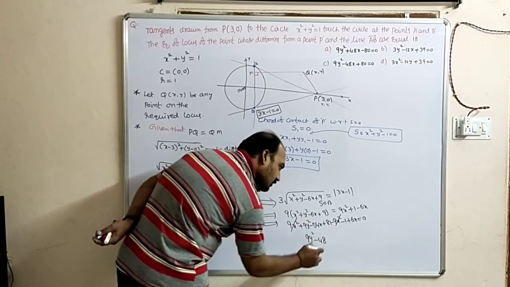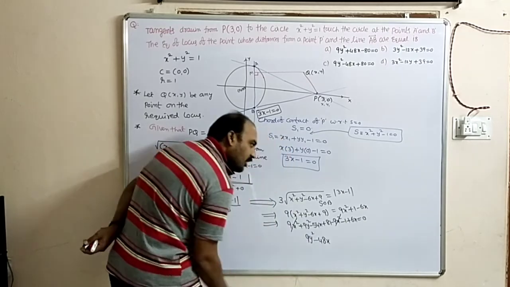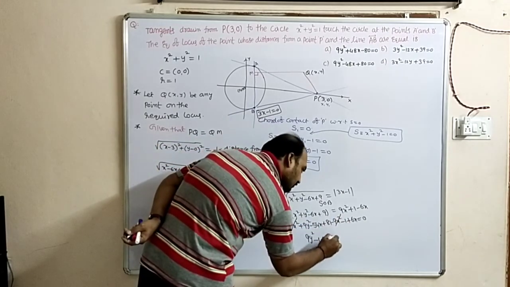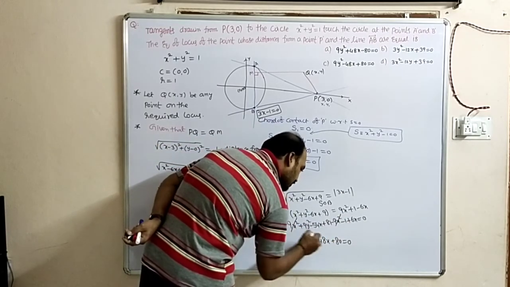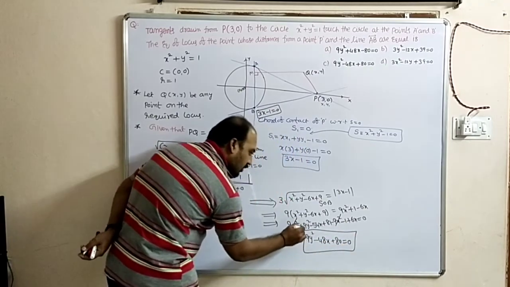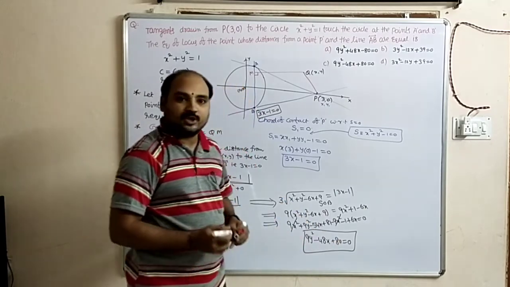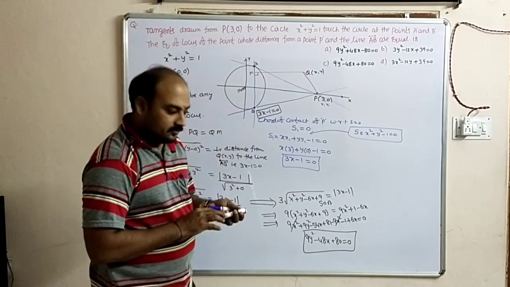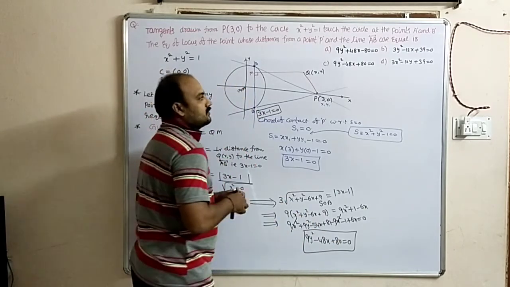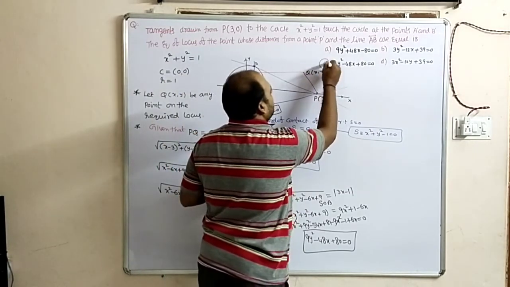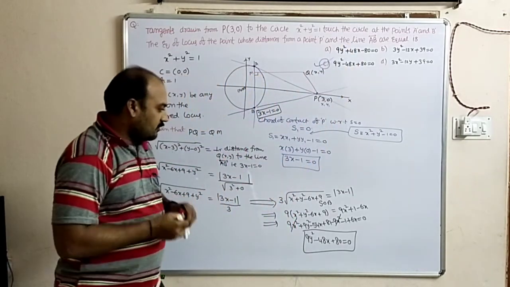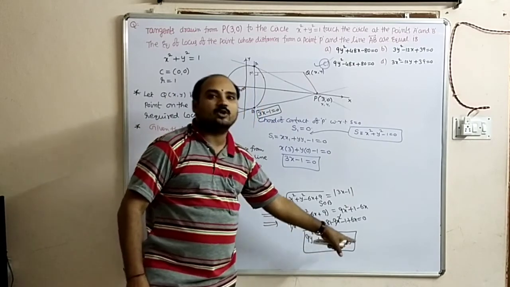Is it right? Yes, 48x. 81 minus 1 is 80. So 9y squared minus 48x plus 80 equals 0, which is the required equation of the locus, which is there in the third option. 9y squared minus 48x plus 80 equal to 0.